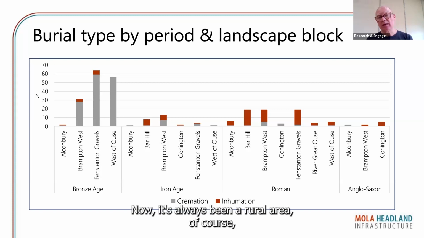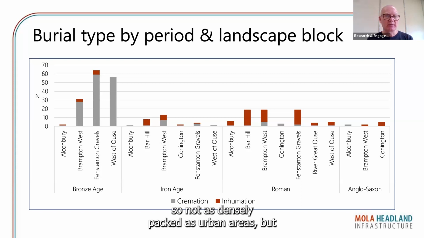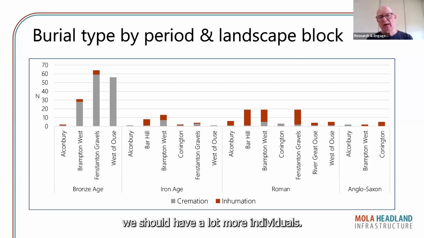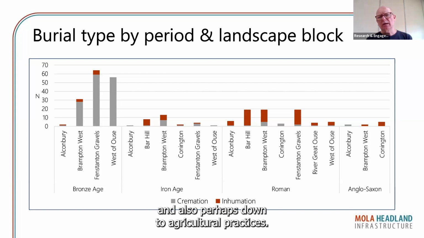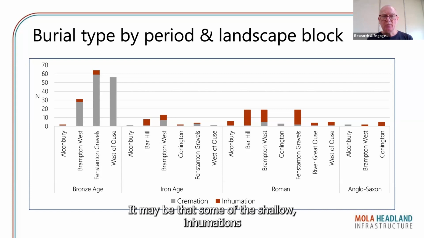Now, it's always been a rural area, of course, so not as densely packed as urban areas, but we should have a lot more individuals. And this is partly, we think, down to burial practice, and also perhaps down to agricultural practices. It may be that some of the shallow inhumations and cremations were ploughed away at one time or another.